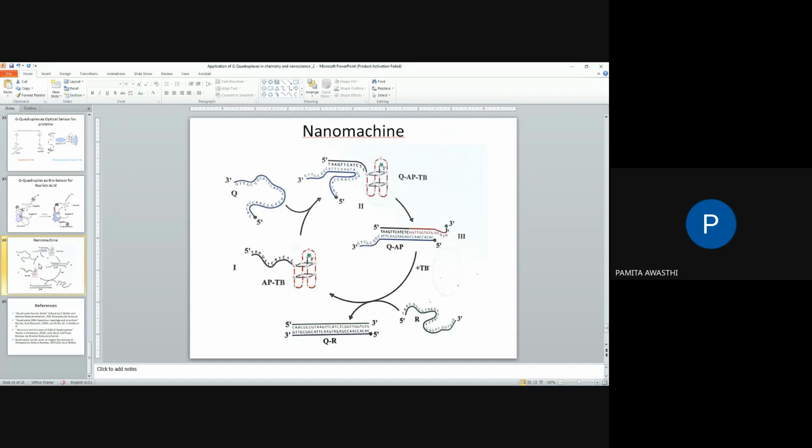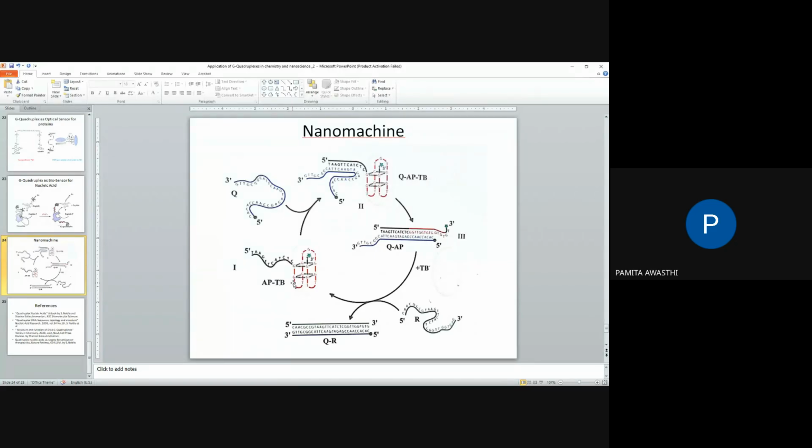A number of groups worldwide used the TBA sequence as the basis of a single molecular system to act as a nanomachine, or a nanomotor, like this one. So you can see you have a G quadruplex. This is the aptamer, the thrombin binding aptamer, and this is being attached. So what is being done?